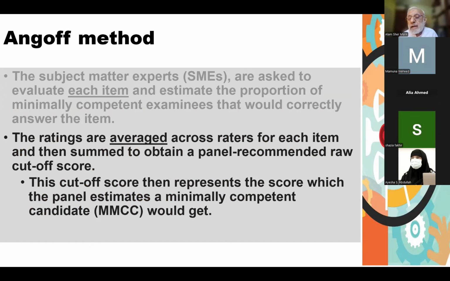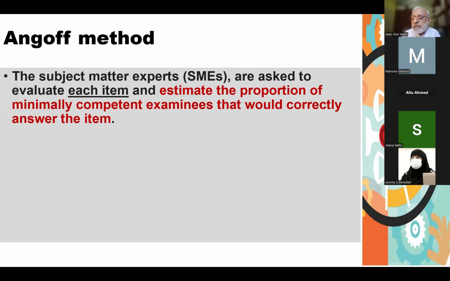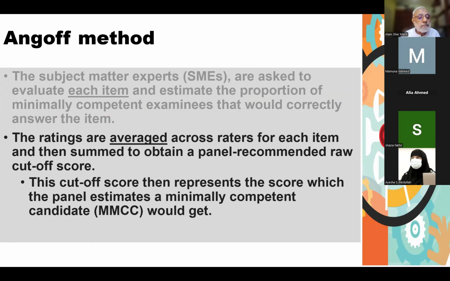Here, we would not be using the classification based on relevance and difficulty. That is very specific to the Ebel method only. The ratings are averaged across raters for each item and then summed to obtain a panel recommended raw cutoff score. This cutoff score then represents the score which the panel estimates a minimally competent candidate would get.